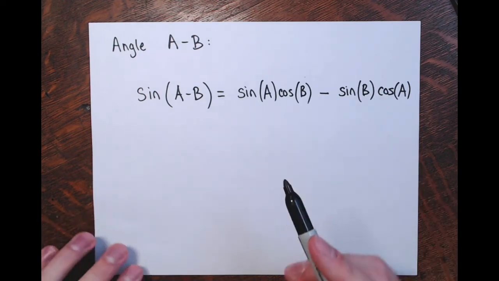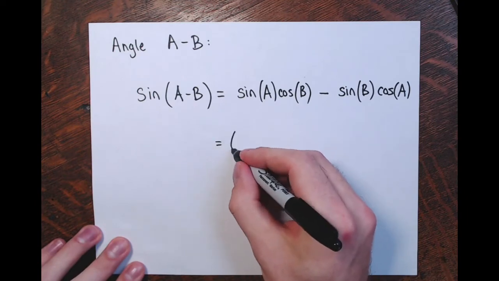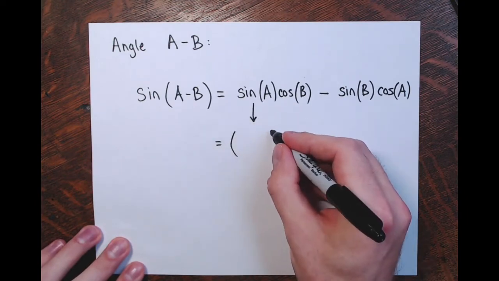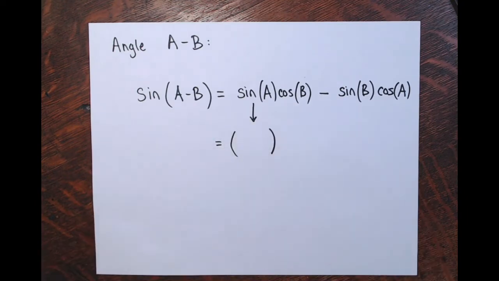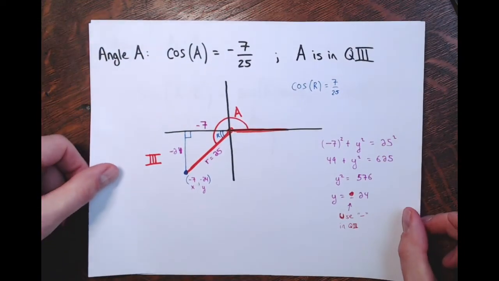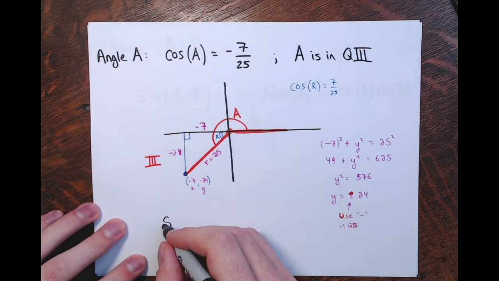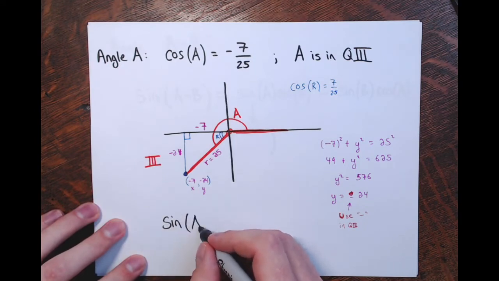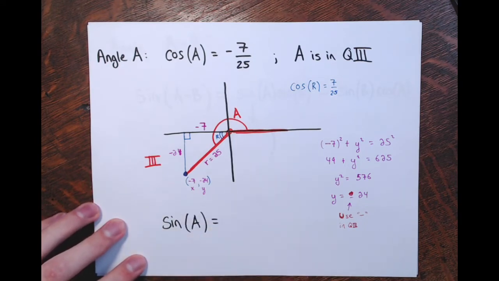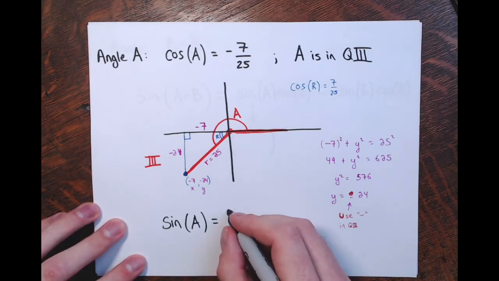All right. So the sine of angle A, let's start with that. So that means I'm going to go back to that picture I drew with the information about angle A. All right, so here was the angle A picture. Now I know the cosine of A, but from this picture we can also figure out what the sine of angle A is. Now remember, sine of angle A, that's y over r, right?